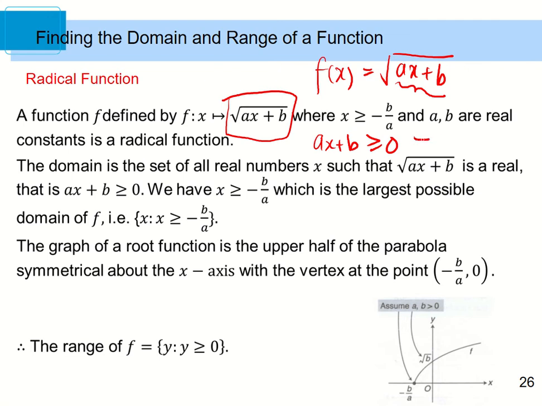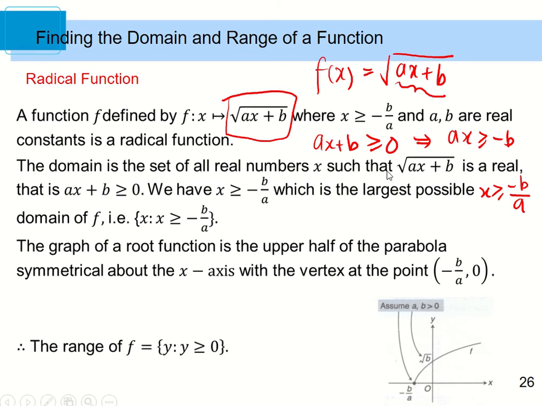From here, we get ax must be greater than or equal to negative b, and x must be greater than or equal to negative b over a. Assume that a and b are positive numbers. Therefore, this will be a negative number here. x must always be greater or equal to negative b over a, and the graph will be like this.